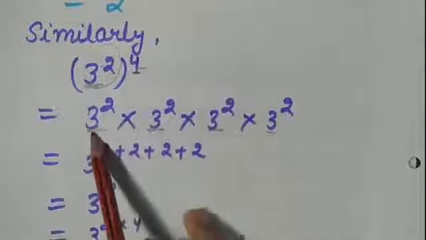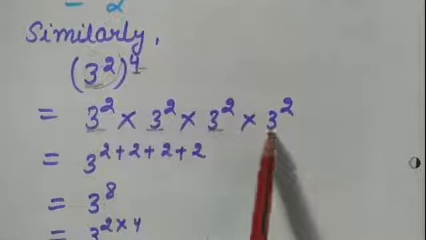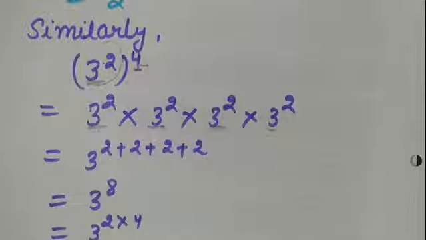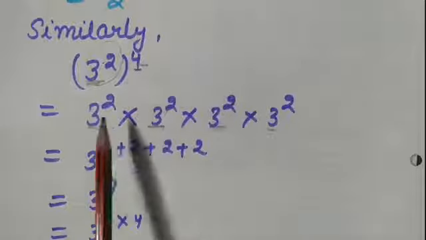Now again, we are observing that the bases are the same. You can apply the law of exponent for any number of exponential numbers. We have discussed only two numbers, but you can apply it for any n number of exponential numbers.